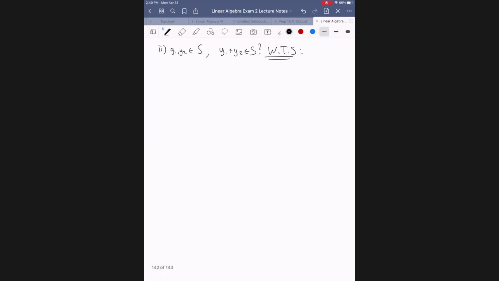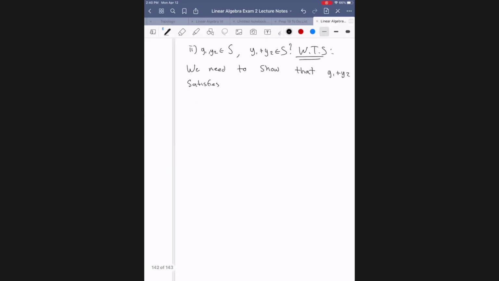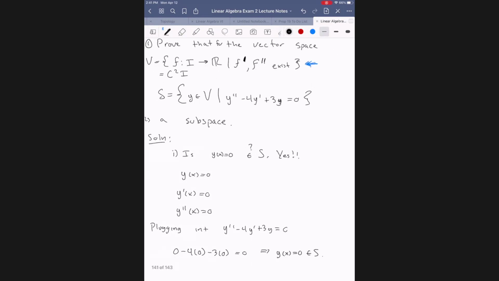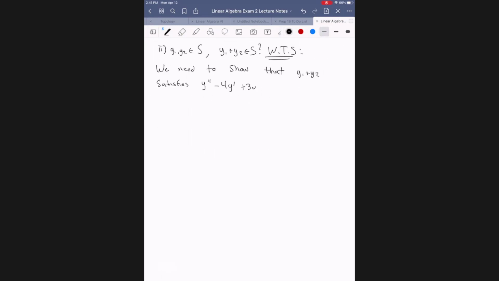So we need to show that y1 plus y2 satisfies y double prime minus 4y prime plus 3y equals 0, right?